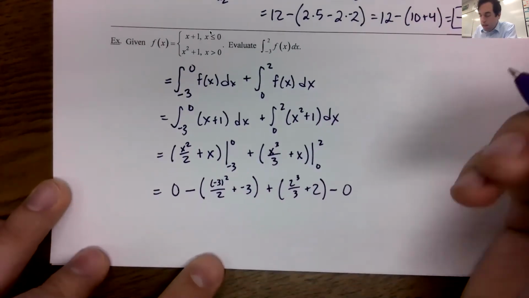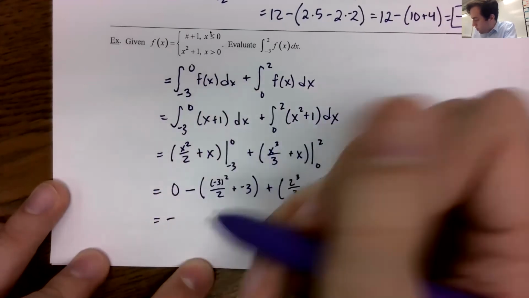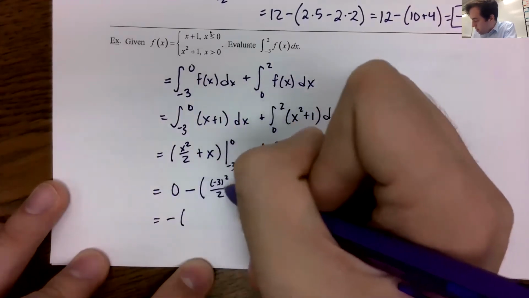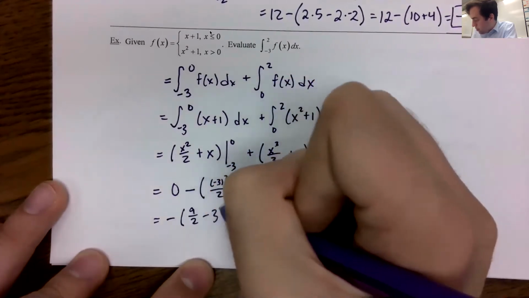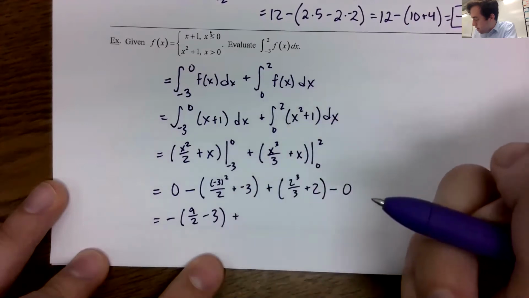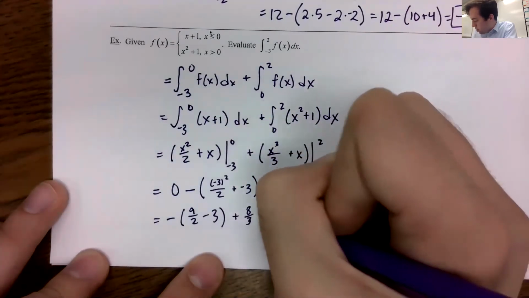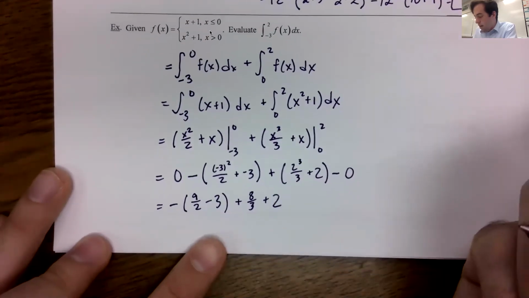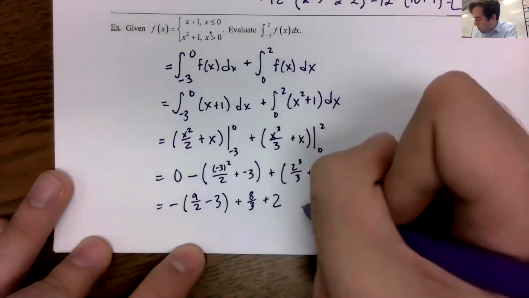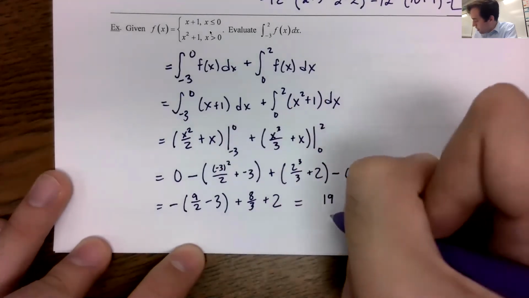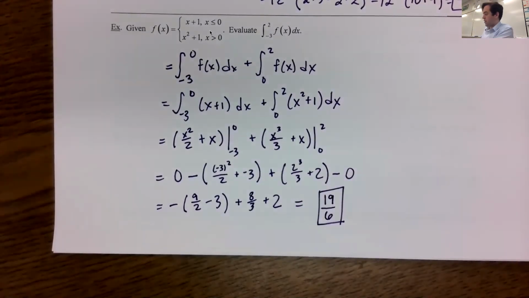So now we just have to kind of simplify this. 3 squared is 9, so 9 halves minus 3 plus 2 cubed is 8, so we have 8 thirds plus 2. And so if you add all of those together, find a common denominator, you're going to end up with 19 over 6. There we go. That's how you do that question.